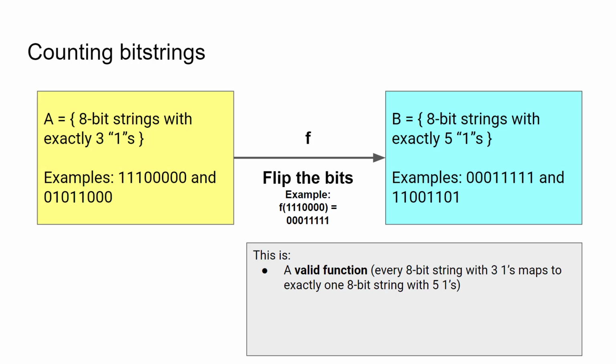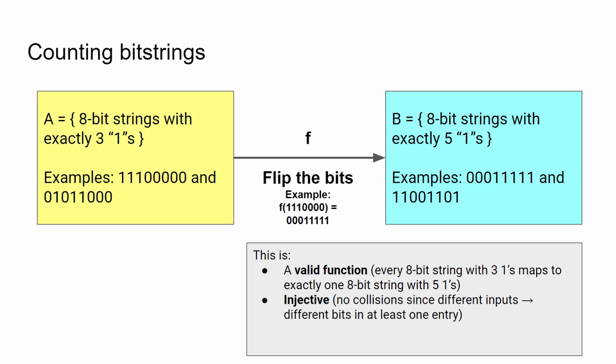Moreover, not only is this a valid function, it's an injective function, because if I take 2 different inputs, they are different because they have a different bit in at least one place, and that bit will be flipped into a different output. And also, this function is surjective, because if I pick a string from the codomain, to find the input that maps to it, I just change all the bits, and this will give me an 8-bit string with 3 1s that will map back to the codomain string that I started with.